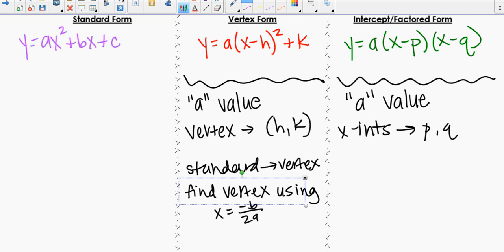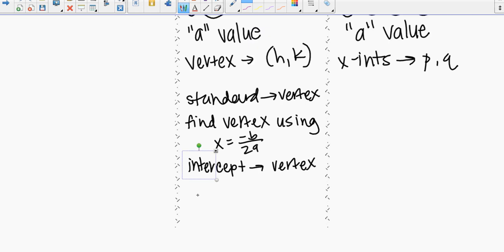If you are coming from intercept to vertex, your a value is going to be the same, so you're not doing any work for that. For your x value of your coordinate, or I guess your h, doesn't matter, to find the vertex, it's p plus q over 2.